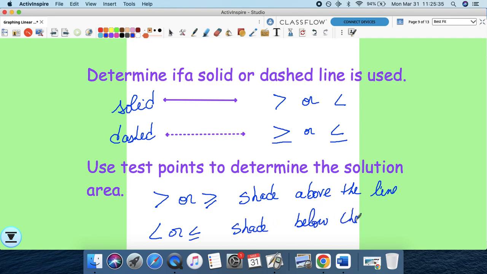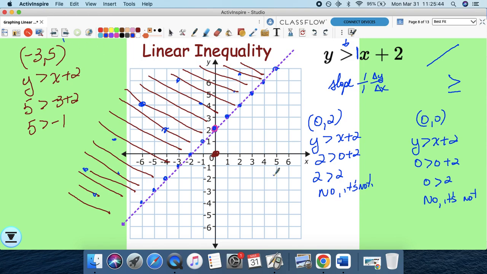Now, to be honest with you, I'd much rather you pick test points. Going back to our previous examples, for here, for example, the symbol was greater than, so you knew it was going to be above the line. That's the solution area. But I'd much rather you take a point, plug it into the inequality, see if it works, and then use that to determine the area that you're going to shade.